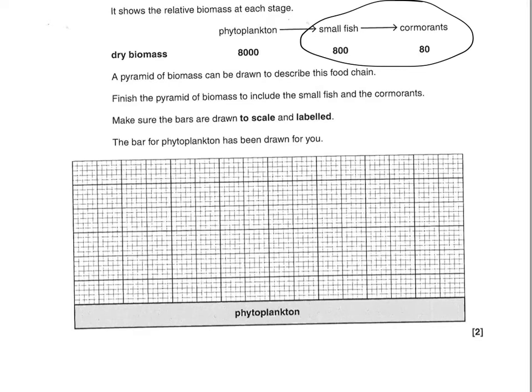So you can see that small fish is a tenth of the phytoplankton. So phytoplankton has a bar that is 1, 2, 3, 4, 5, 6, 7, 8, 9, 10, 11, 12, 13, 14, 15, 16 across. So a tenth of 16 is 1.6.